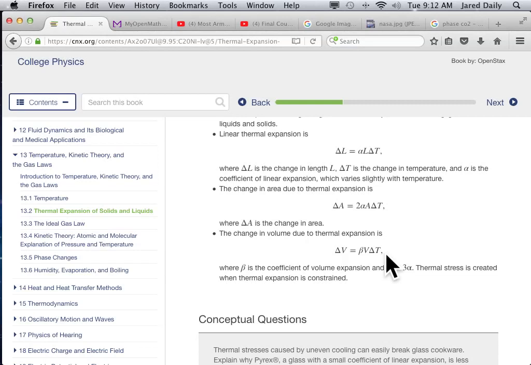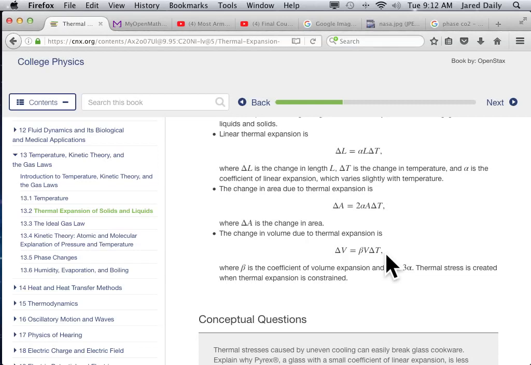So what's our initial volume? Our initial volume is 350 centimeters cubed. Our beta is 210 times 10 to the minus 6. And then our change in temperature is 50, right?